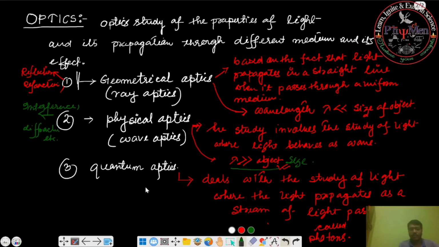Now, the third one is quantum optics. This deals with the study of light where light propagates as a stream of light particles called photons.